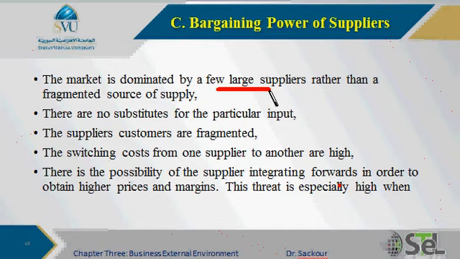Do you know the meaning of monopolization? Monopolization means that a few companies control this business, only 1, 2, 3 suppliers of this material. This is monopolization or oligopoly.